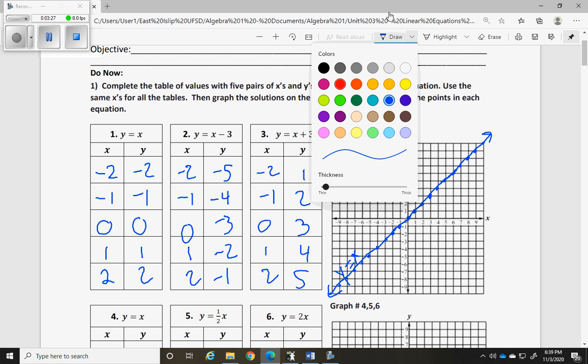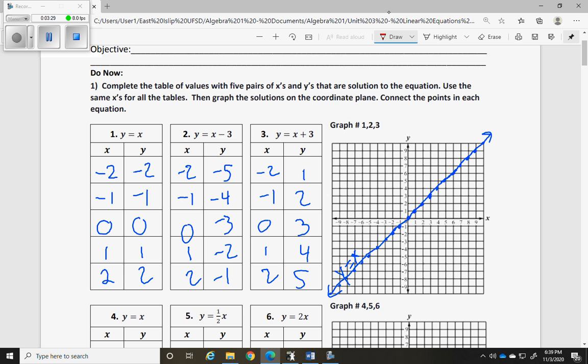And I'm going to change to red and plot the next one, -2, -5, -1, -4, and so on. So I've got these 5 points.